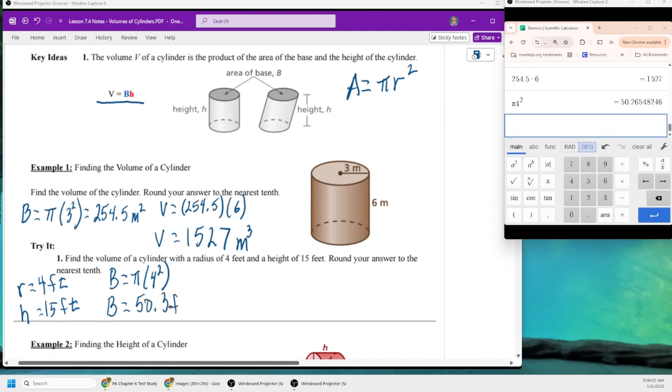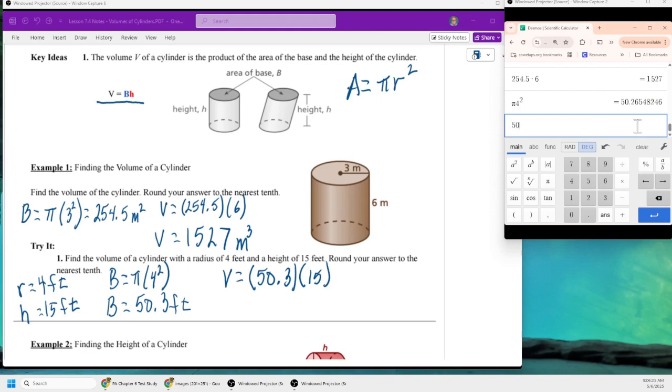50.3 square feet. And then how do we find the volume? You take that area of the base times the height of the cylinder, which is 15.